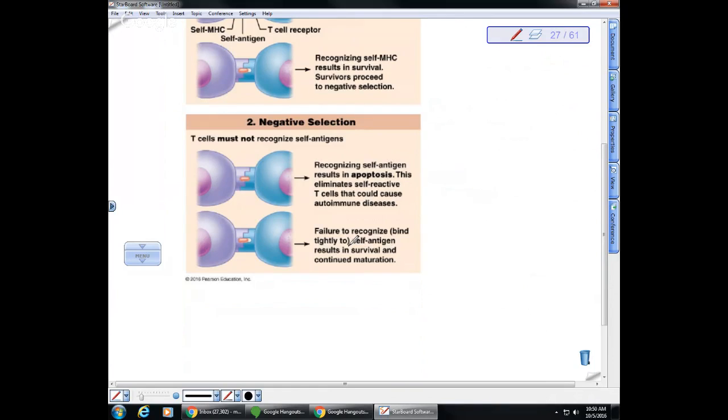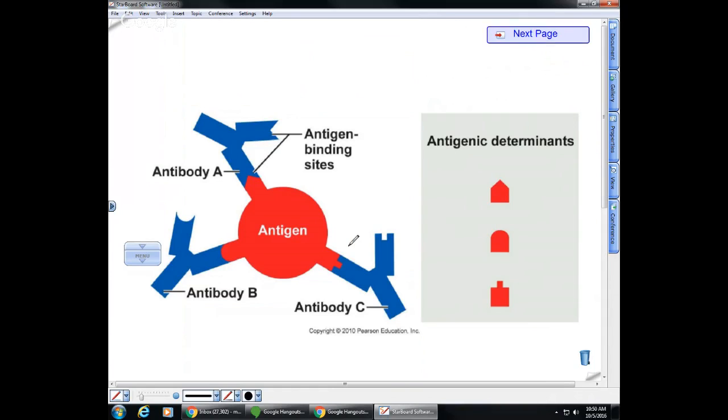Okay. So let's look at how this antigen-antibody thing works. Here, it's a little deceiving because they're showing one antigen having more than one shape to it. But what this demonstrates is that antigens all have a different shape, and the antibody fits like a key, right?